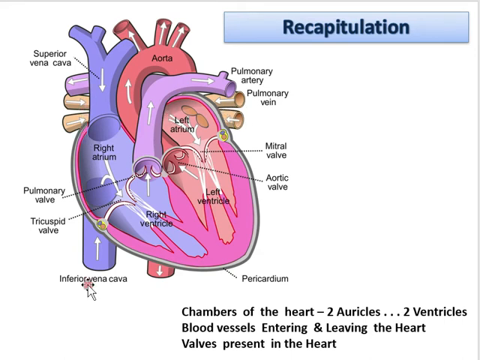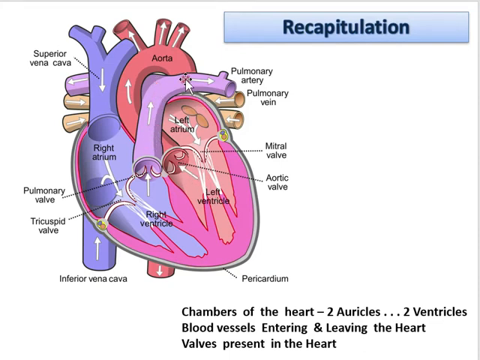You can see from the arrows that these blood vessels enter the right atrium and the left atrium respectively, and the blood vessels leaving the heart are the pulmonary artery and aorta. You can see here the pulmonary artery arising from the right ventricle and the aorta from the left ventricle.